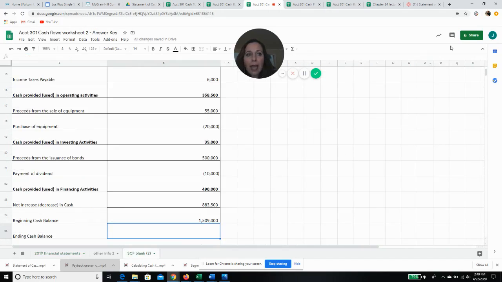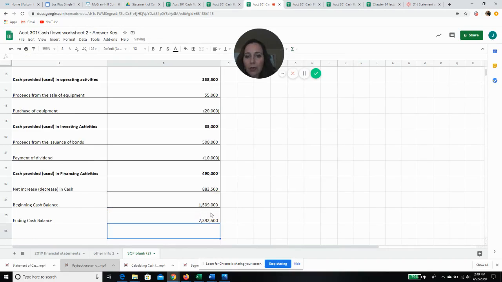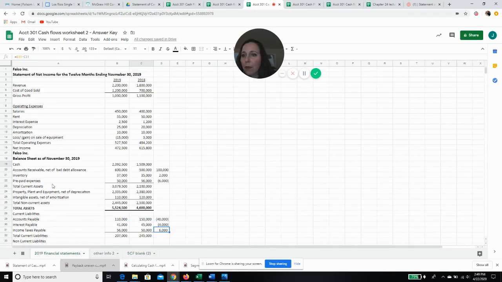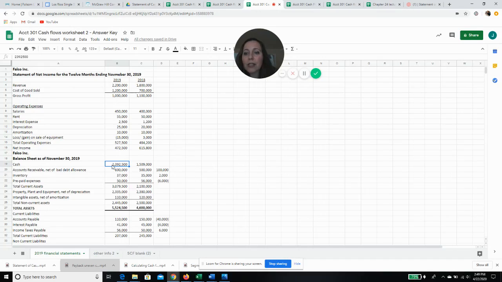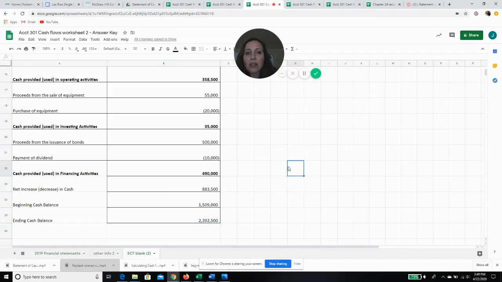And when I add my increase in cash to my beginning cash balance, I end up with $2,392,500. So I'm going to check my work. I'm going to go back to my financial statements, and my cash balance at the end of 2019 was $2,392,500. So they match. So I've done a good job, and that's excellent.